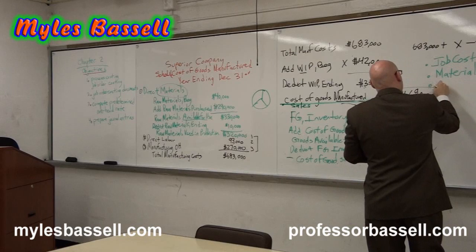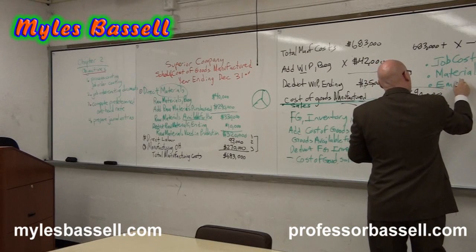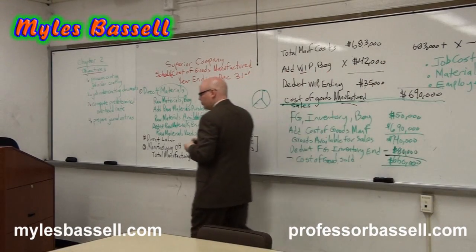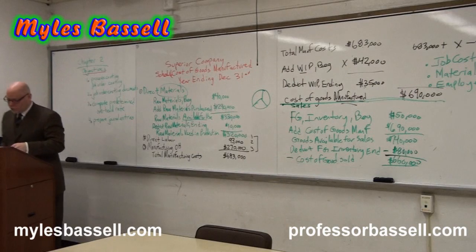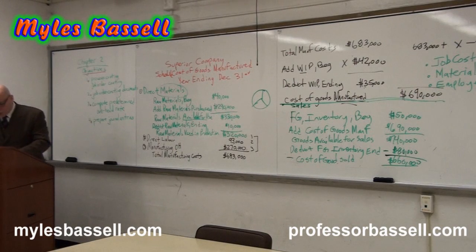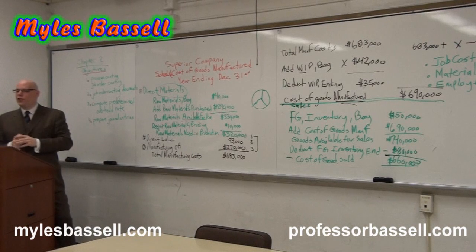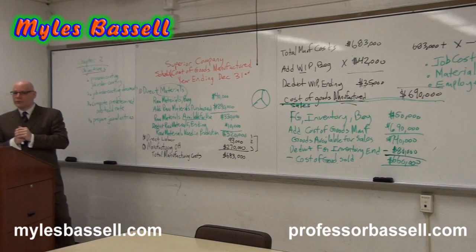And the third is the employee ticket. The job cost sheet is very important. What's going to be captured on the job cost sheet? Why is that so significant?